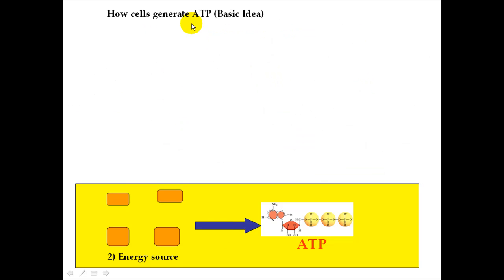What has to happen in order for a cell to generate ATP? Well, you know that ATP is a high energy molecule, and high energy just doesn't appear out of nowhere. You have to have access to something else with high energy and use that in order to make this ATP, which also has high energy. The way the cell does that is this: if you were to boil energy down to its essence, basically all energy is movement.